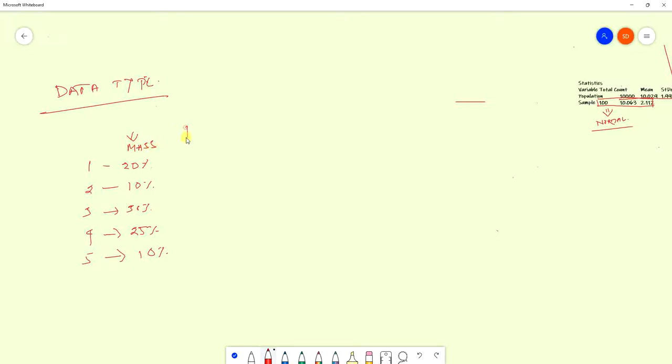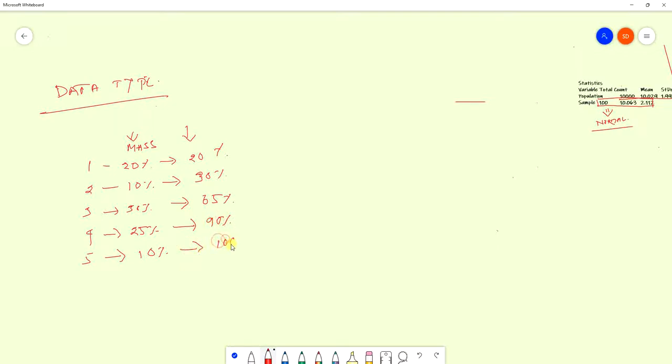Now cumulative would be, first one would be 20. When we reach the second one, it would be 30%, and when we reach the third one, it should be 65%. Next one is 90%, and finally 100.